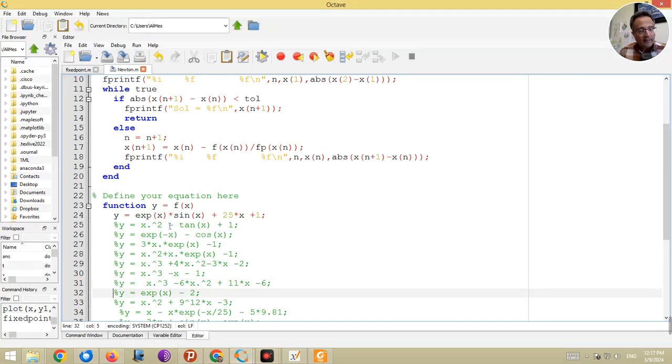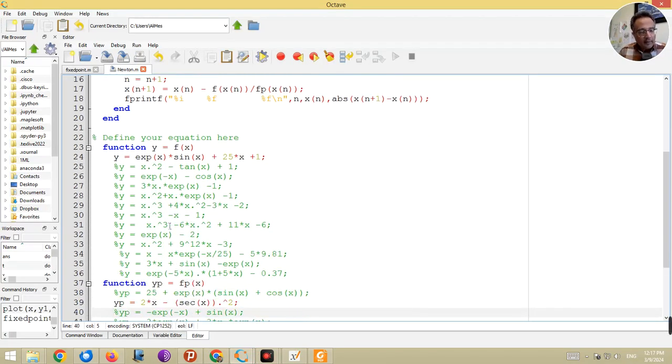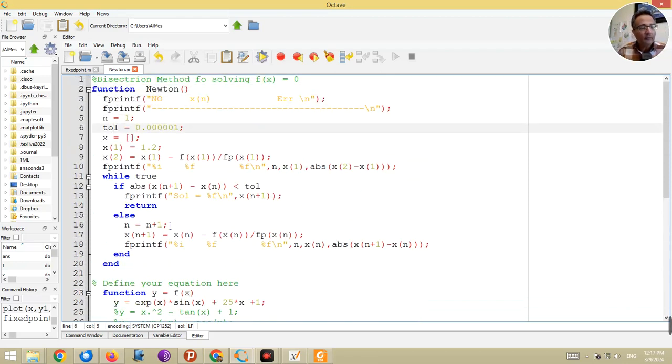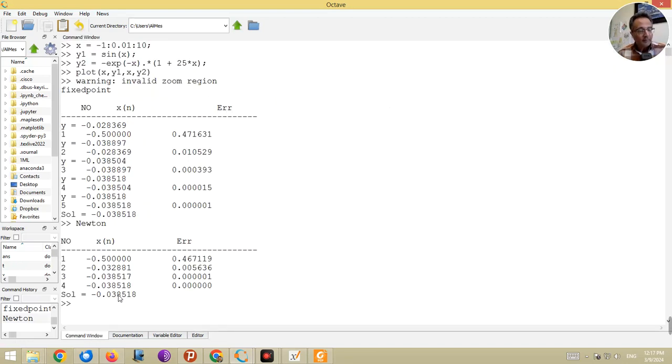Consider this as y and comment this one and consider this one as y prime. Okay, and let me start with minus 0 here. Let me save and run by pressing F5. The solution is exactly the same, but in 4 iterations.